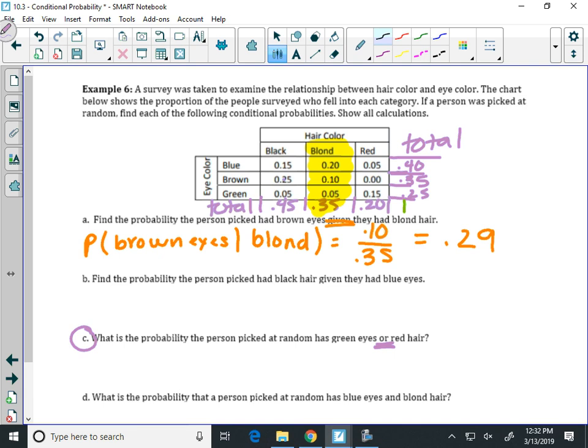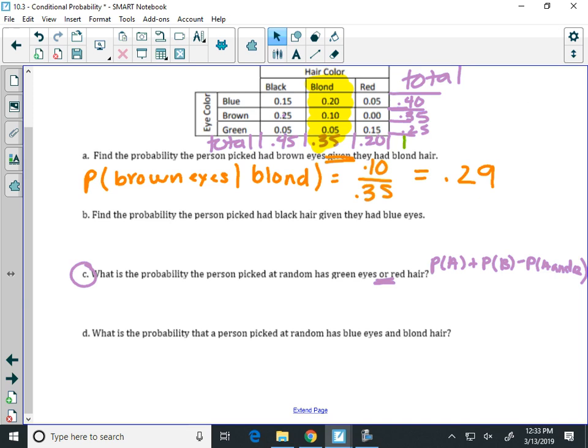When you have the word or, you use that formula: probability of A plus the probability of B minus the probability of both. You won't have conditional, so you have to remember that pattern.